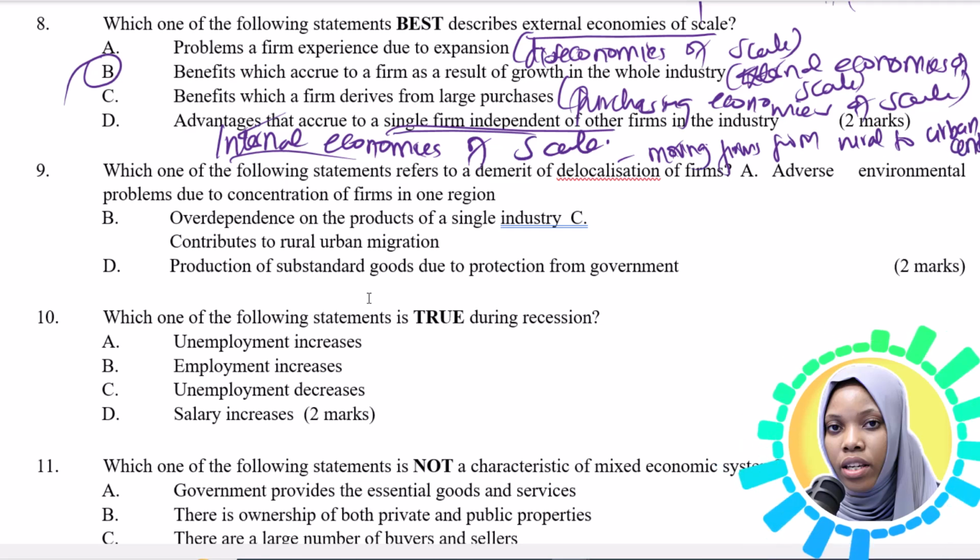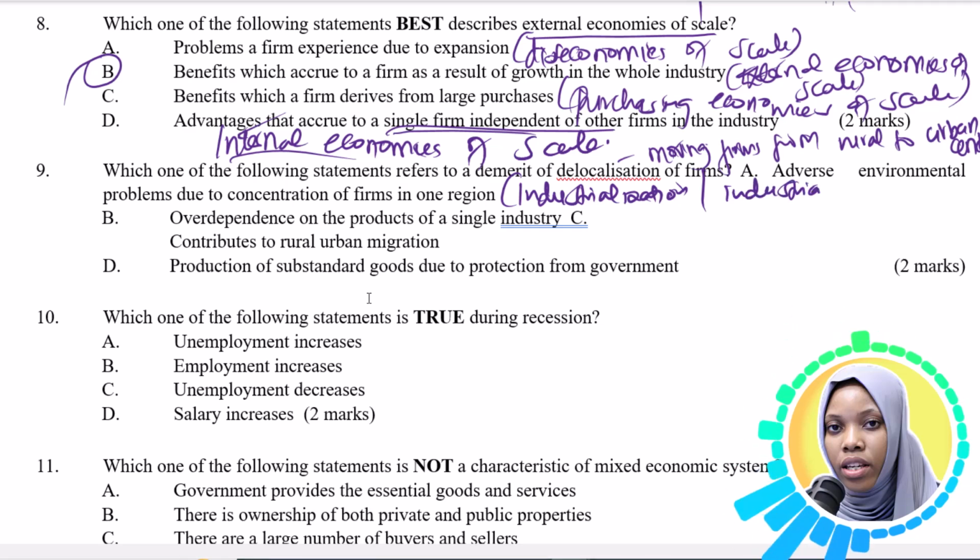So choice A is adverse environmental problems due to concentration of firms in one region, which we call industrialization or industrial concentration.